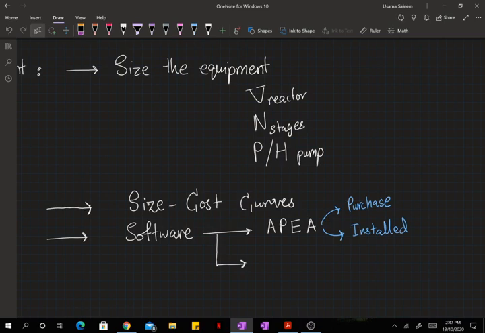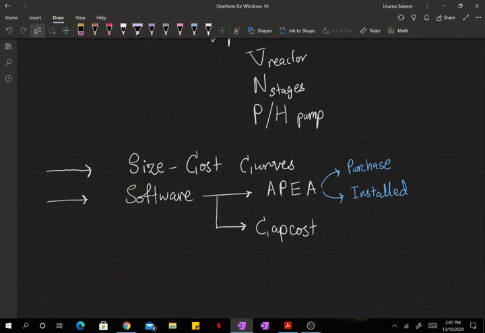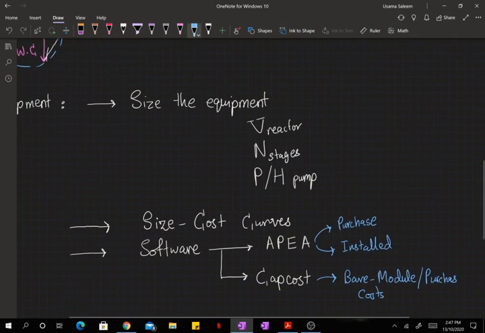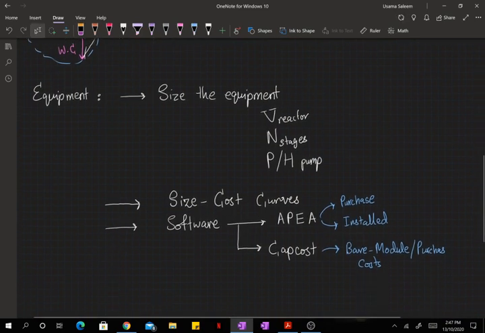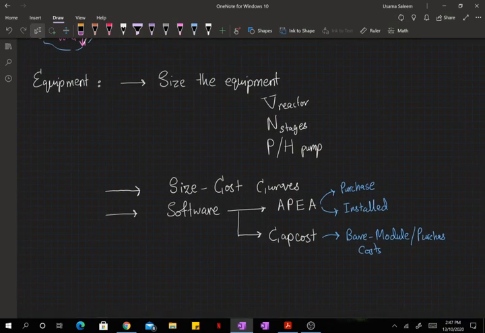Okay, so that's one way. Another one is CAPCOST, and CAPCOST pretty much does the same. I'm not sure if it gives you the install cost, but it does give you the bare module or purchase costs. Okay, so that's how our equipment costs are going to be determined.